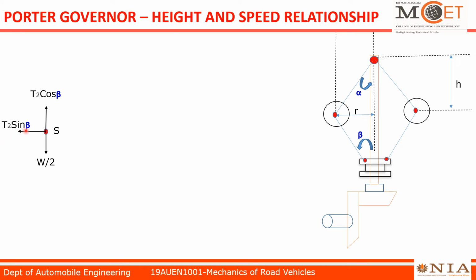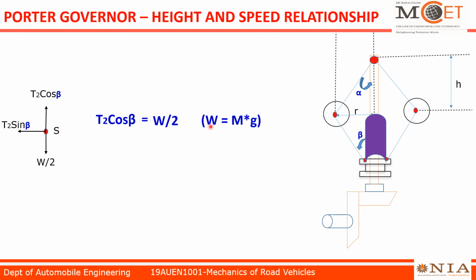This T2 sin beta is equilibrated by the right side of the governor. So I just make it as 0. T2 sin beta is neglected here, so that T2 cos beta must be equal to capital W by 2.